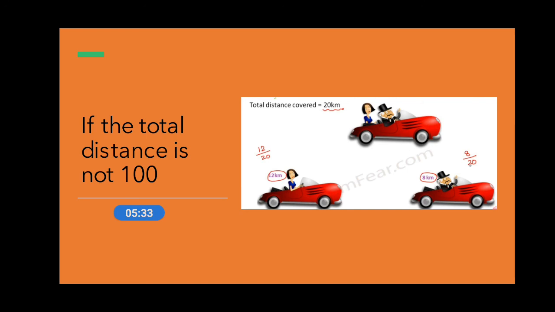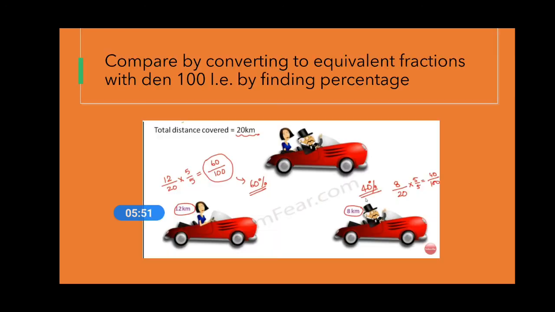The lady covers 12 kilometer out of a total of 20, and the man covers 8 kilometer out of 20. We will make the denominator 100 by finding the equivalent fraction. 12 upon 20, we multiply and divide by 5, so it becomes 60 upon 100.